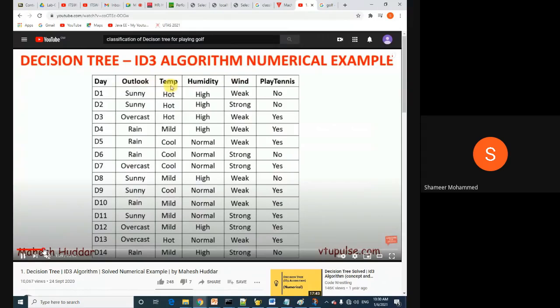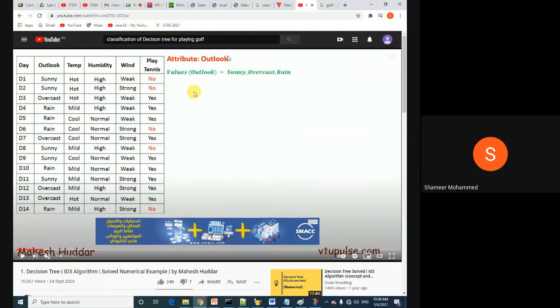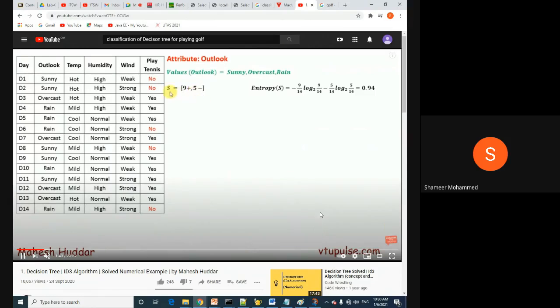So based on this, we have to calculate the values for each parameter. In mathematics, there is a formula called entropy. If you take here, the total values are 1, 2, 3, up to 14. So 14.